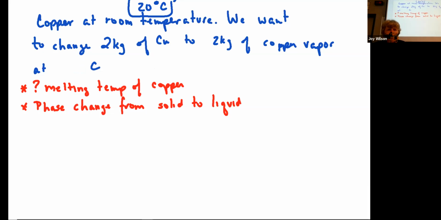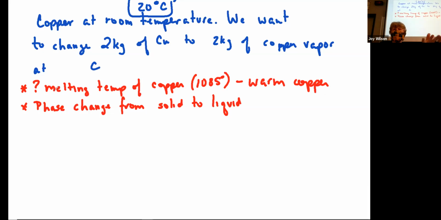The melting point of copper is 1085 degrees. So I have to warm my copper first. I have to warm it up to the melting point, then I have to phase change it. Okay?